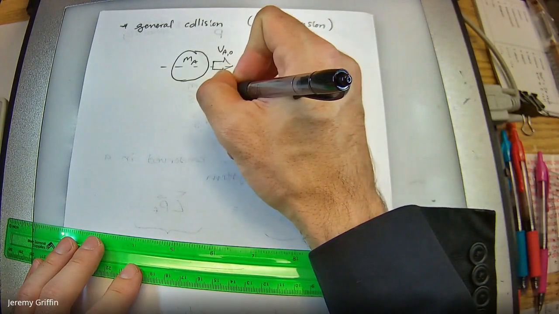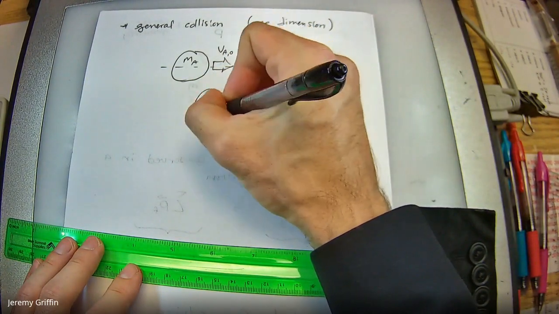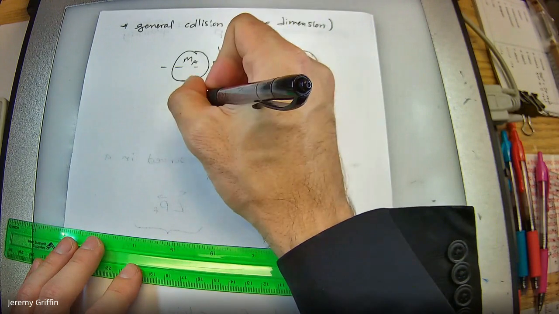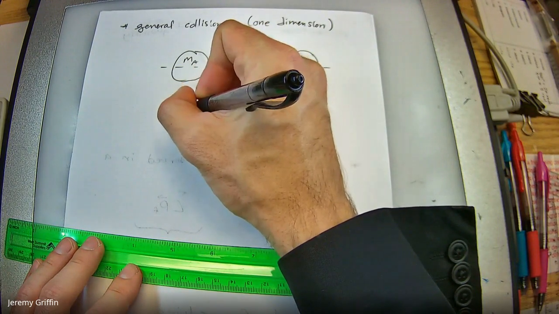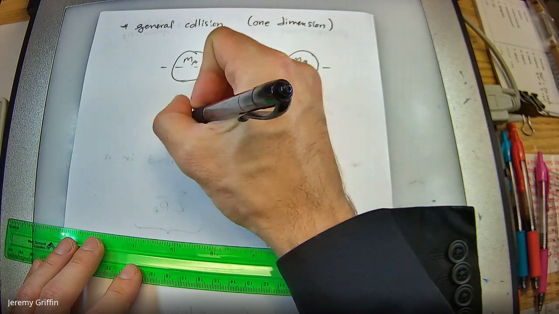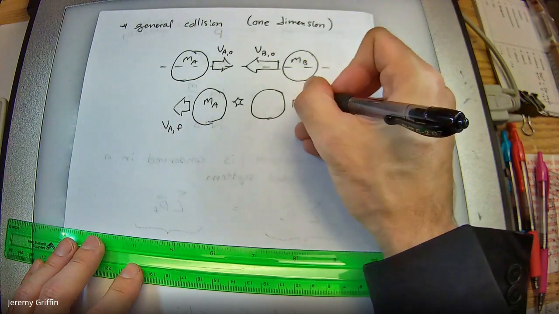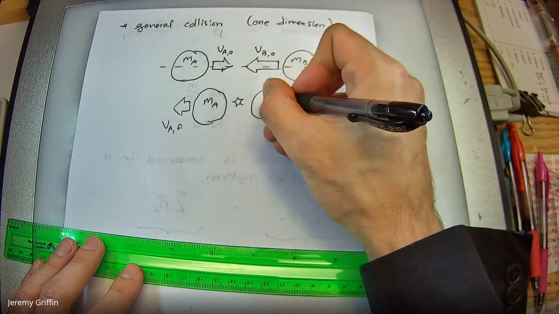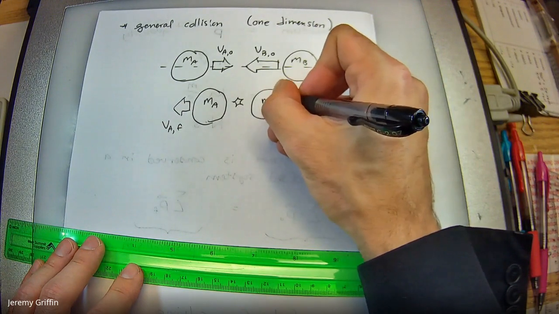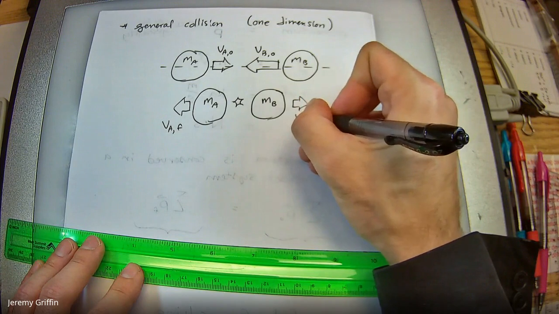So let's redraw mass A right here. It could possibly rebound though, so maybe I'll draw it doing that. We'll call this VA final. Okay. And then maybe mass B also has a rebound kind of motion, its own VB final.